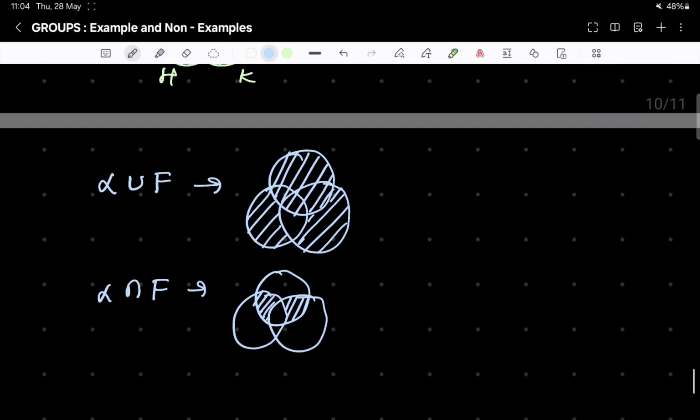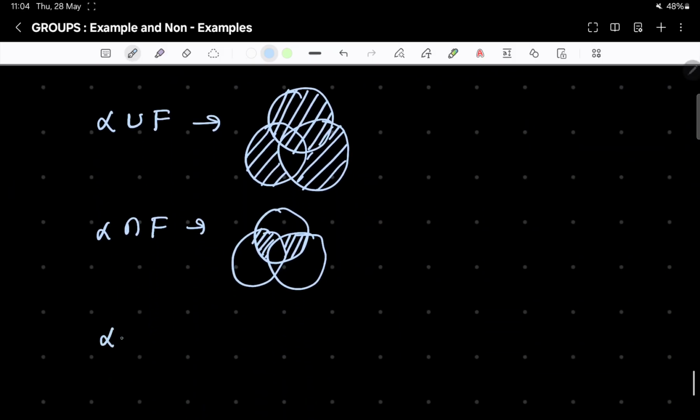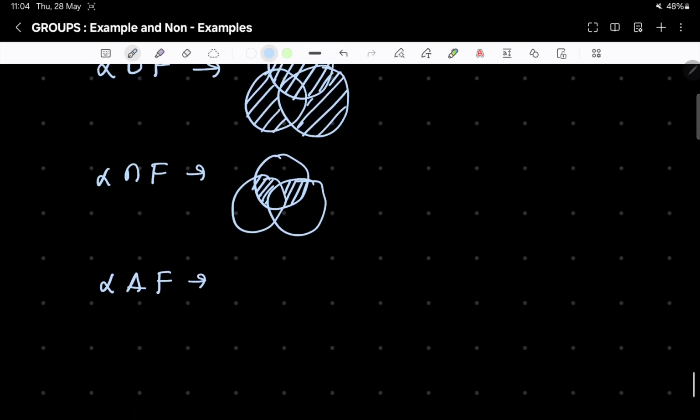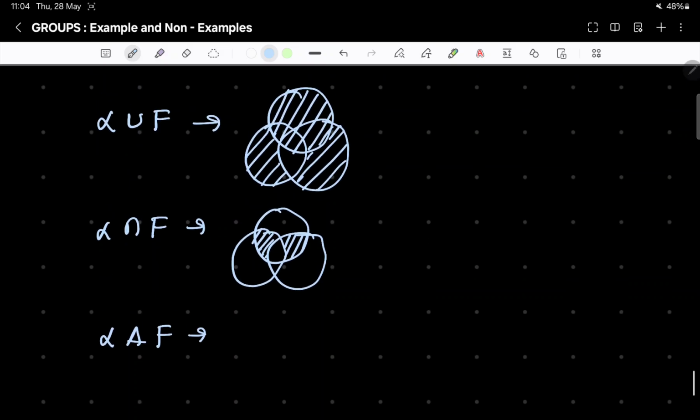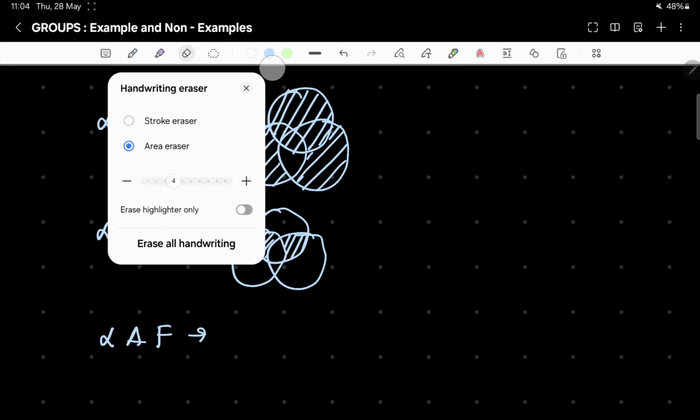Okay, so now what happens if you do symmetric difference? I will give you a small idea from this.